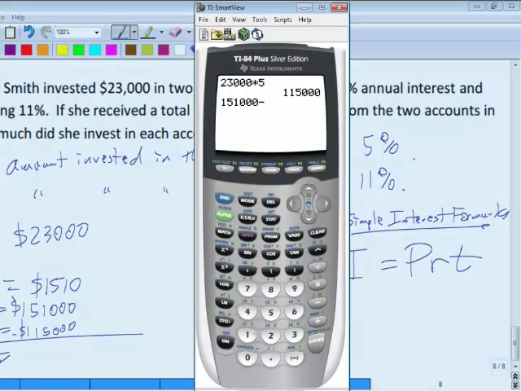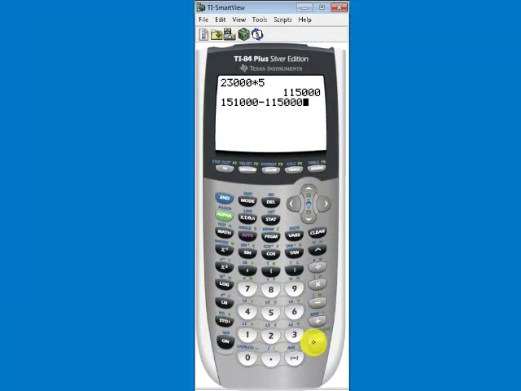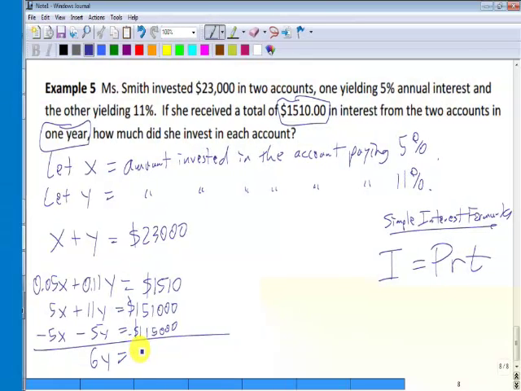And then subtract 115,000, and we get that's equal to $36,000. And after the x is eliminated, at a glance, we could tell that y equals $6,000. Divide both sides by 6, and we've got it.